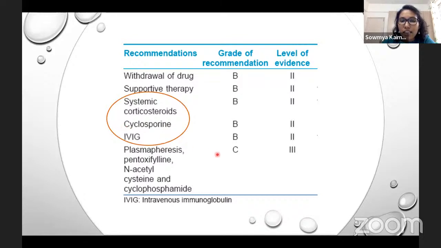Now, one of the reasons I put up this chart is because SJS-TEN doesn't have a drug of choice or any specific therapy of choice. And the other reason is I just wanted to introduce you to this concept of grade of recommendation and level of evidence. So when you read literature for diseases like this, where there is no clear-cut therapy that is recommended, you have to go by the available evidence.